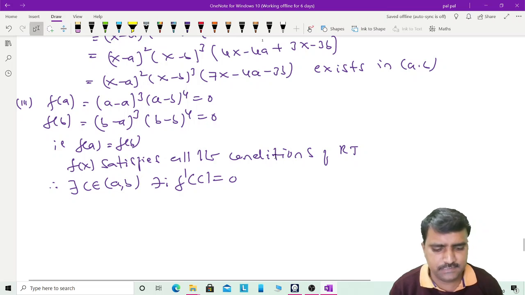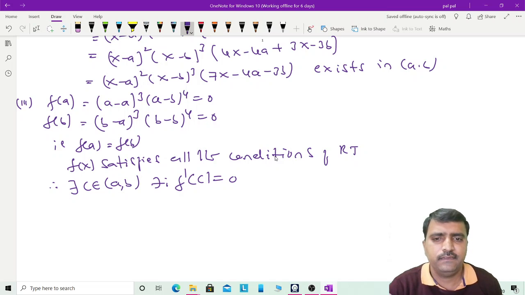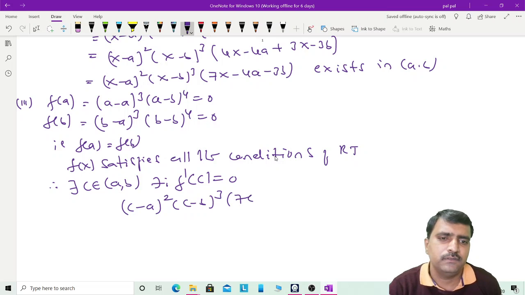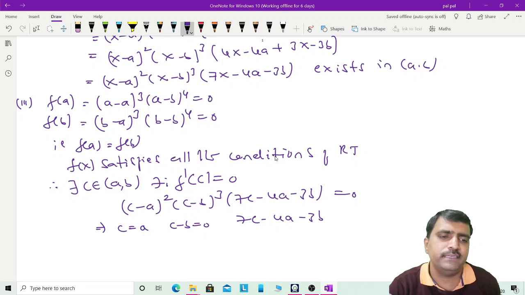So f dash of c is c minus a whole square into c minus b whole cube into 7c minus 4a minus 3b is equal to 0. What it implies: c minus a is equal to 0, or c is equal to a; c minus b is equal to 0, or 7c minus 4a minus 3b is equal to 0. So Rolle's theorem says that there exists a value in between a and b.